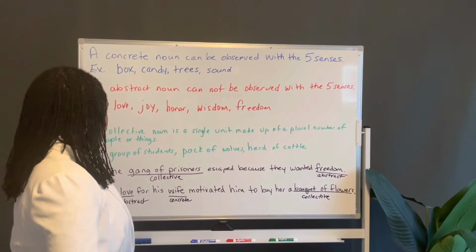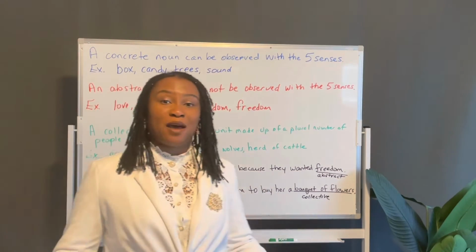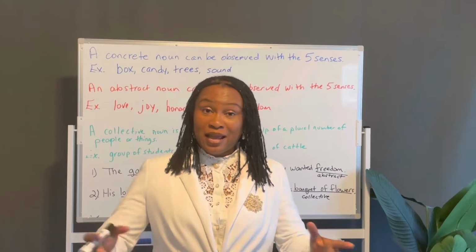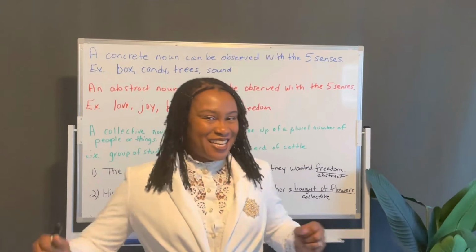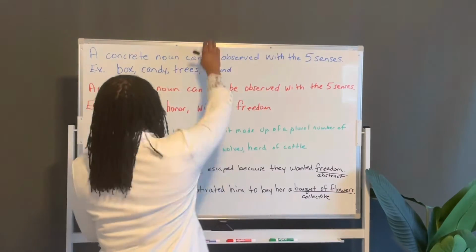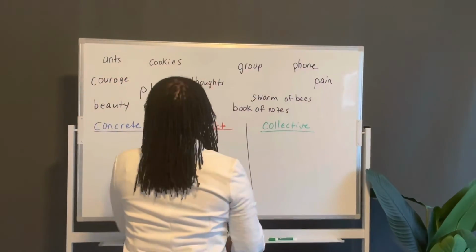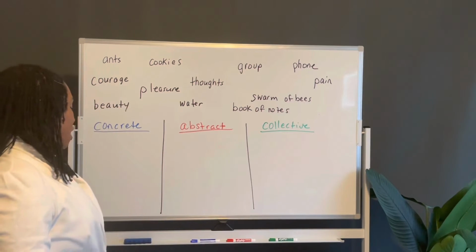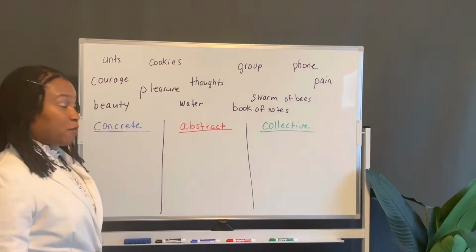Okay. All right, so let's try some more examples. And we're going to classify these nouns into concrete, abstract, and collective nouns. Ready? Let's go. All right, so you see 3 columns here, and you see nouns that are at the top of the board.